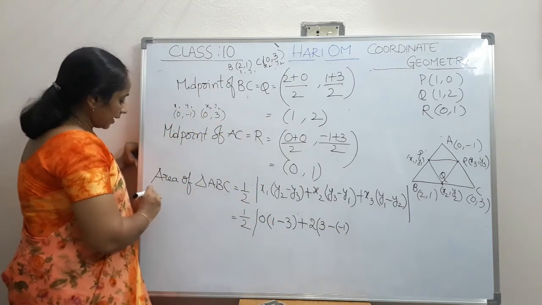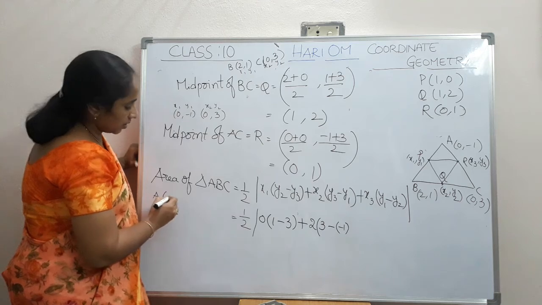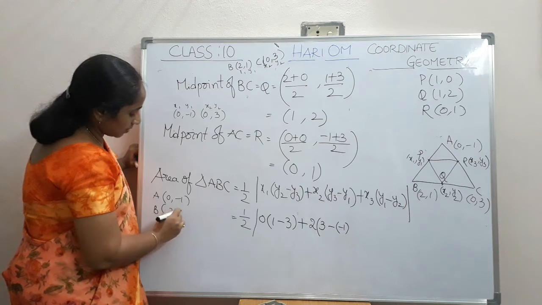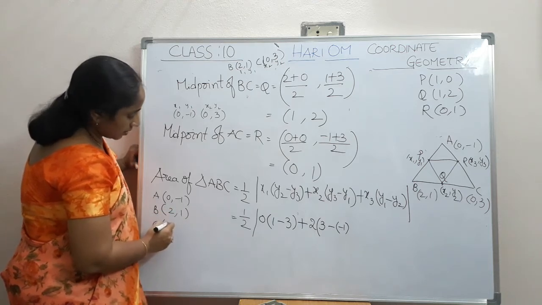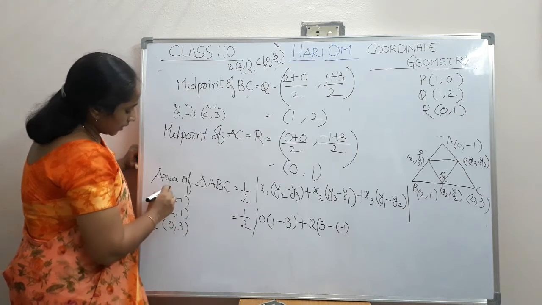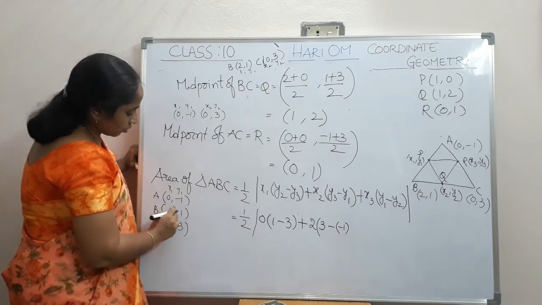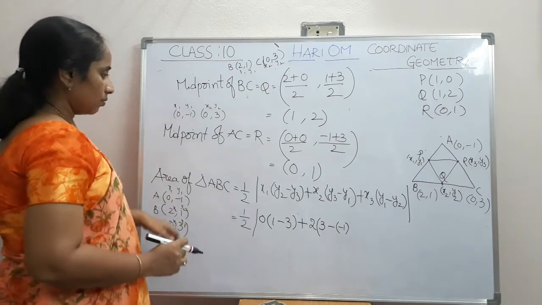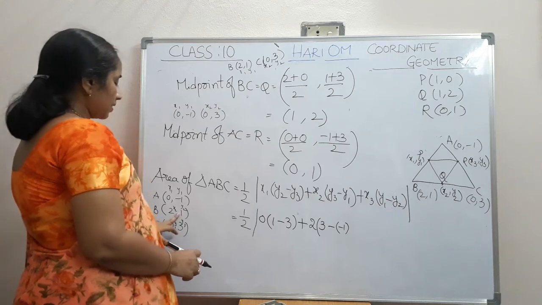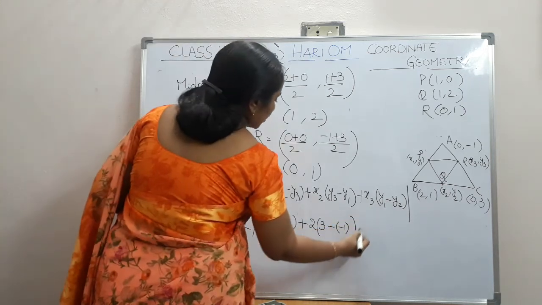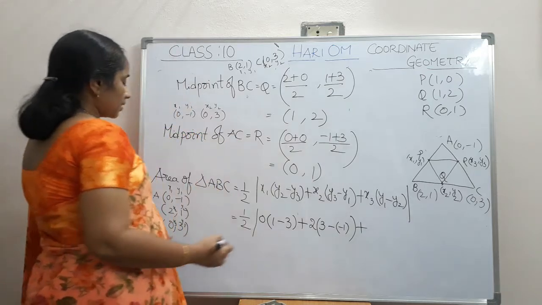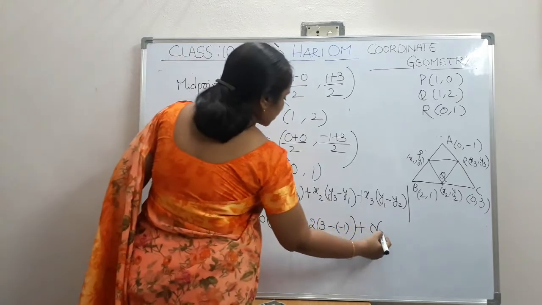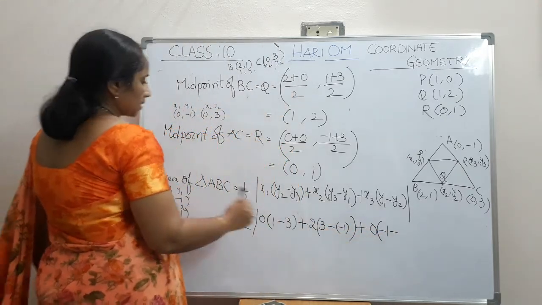Here A is 0 comma minus 1, B is 2 comma 1, C is 0 comma 3. So y3 minus y1, y1 is minus 1, minus of minus 1, plus x3 is 0 into y1 minus y2, that is minus 1 minus 1.